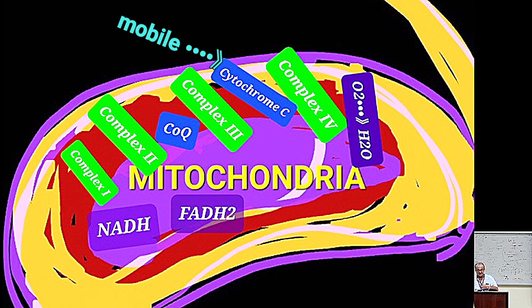So it's able to move, carry the electrons from complex 3 to complex 4. So cytochrome C gets oxidized, donates its electrons to complex 4, and at complex 4, these electrons are finally given to oxygen to form water.